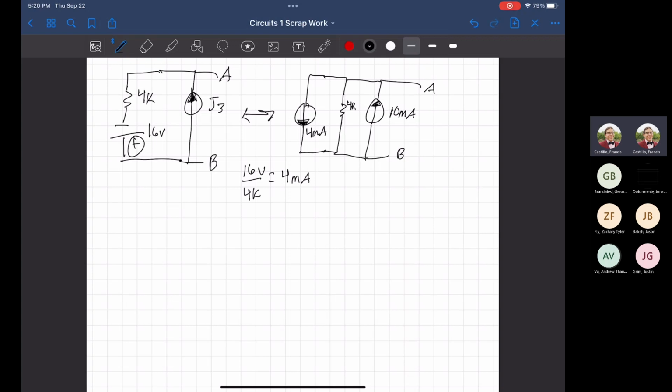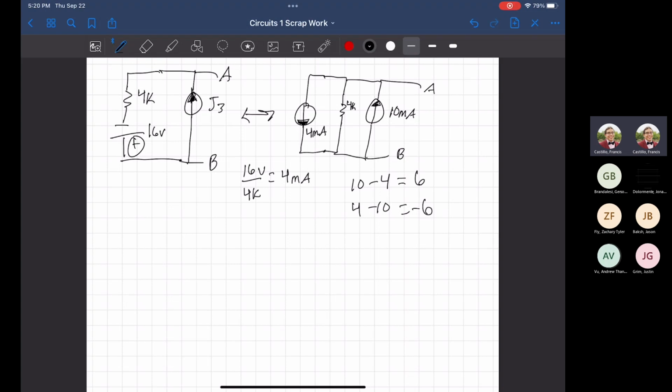Current sources in parallel, we do the summation of, so it's going to be 10 milliamps. It doesn't really matter again, just be aware of your sign. So it's going to be 10 minus 4, or you could do 4 minus 10, doesn't really matter either or. The value we want is 6 milliamps. If it's negative, that just means that whatever source you labeled as the bigger one isn't actually the one that's going to be used. It's going to be the other one.